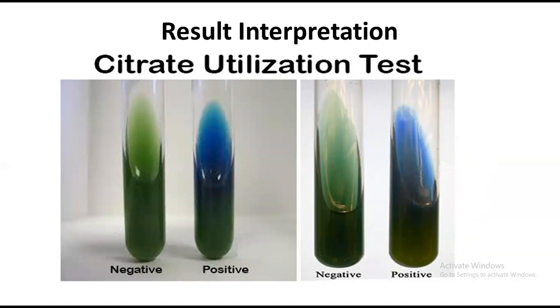The main thing is why this blue color appears, why in the negative citrate test tube there is no color production, and in the positive, why there is blue color production. The main aim of this video is to understand the results.